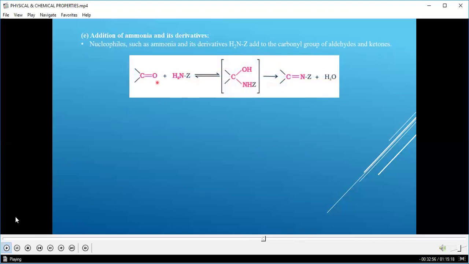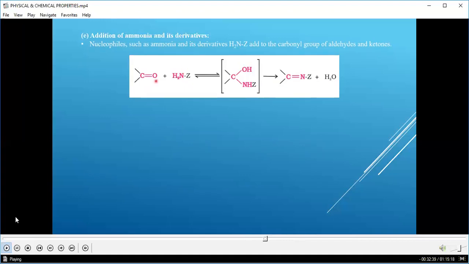For this, let us quickly see the mechanism, because once you are very clear about the mechanism of this reaction, it becomes very easy to write the chemical reactions for n number of reactions with the derivatives.